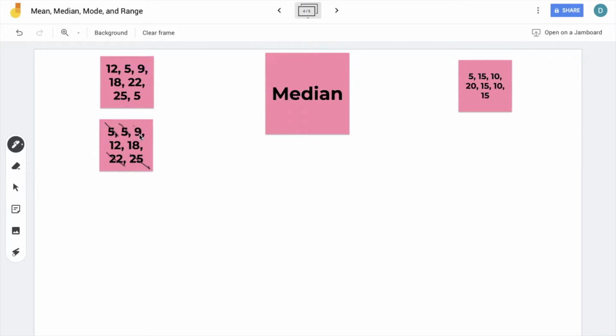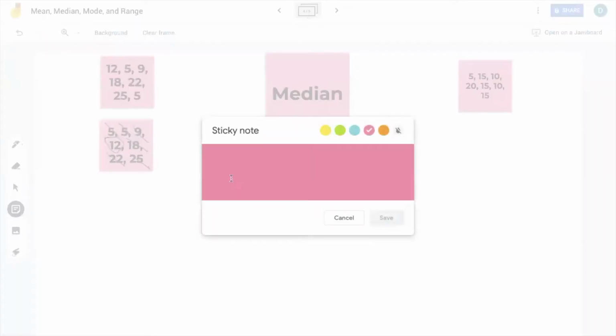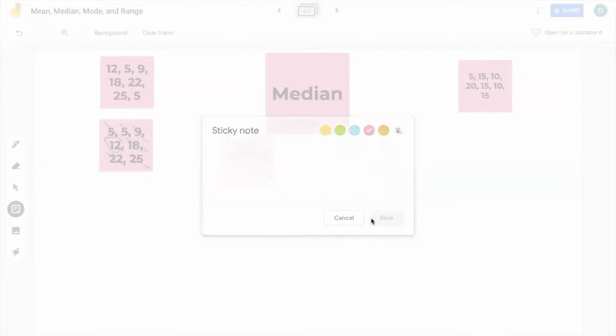And you do this until you have reached one that is in the middle. And so the middle one, in this case, is 12. And now since we had an odd number of values, it worked out to be one of the data points.